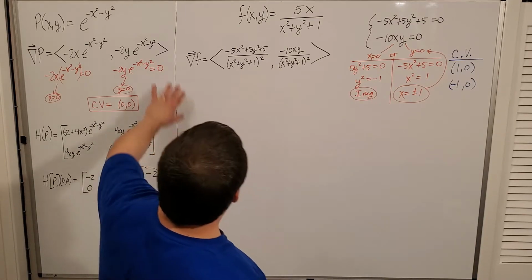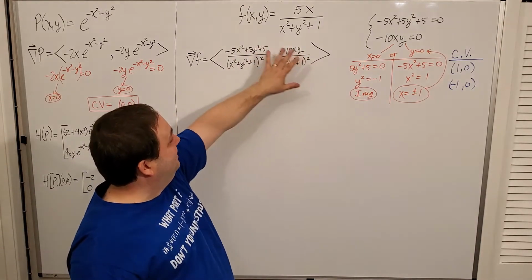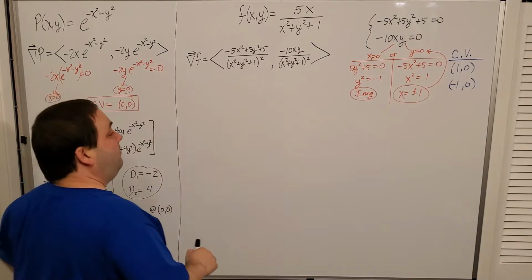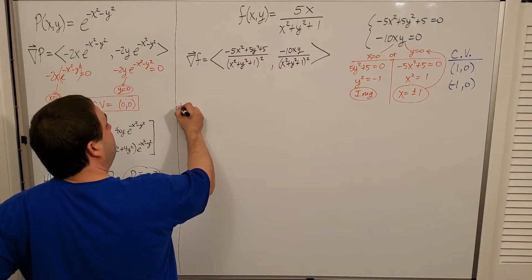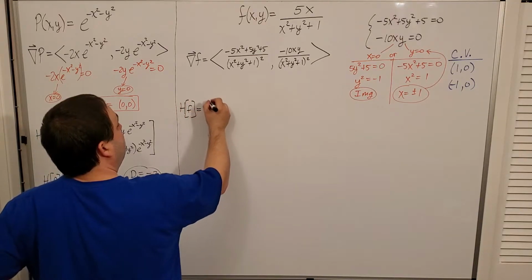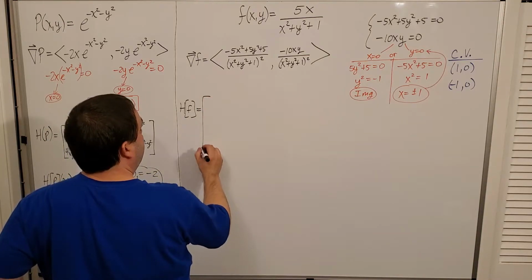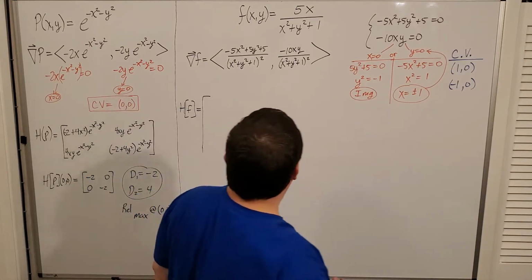Okay, so next, we got more derivatives to do, right, of these lovely beasts. So here we go. I'm going to set up my Hessian here, right? My lovely, lovely Hessian. I'll work over here and feed it into over here, okay?